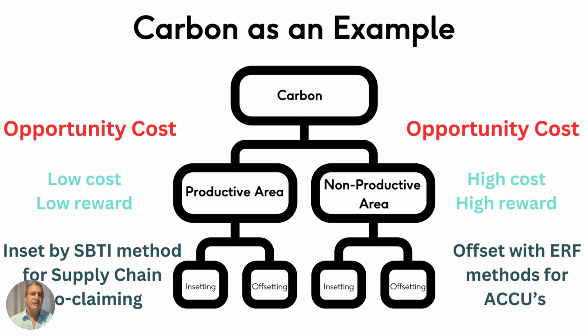Whereas using the offset and the ERF methods to generate ACCUs, whilst it has a higher cost, has a higher reward, and that might be totally appropriate in non-productive areas.